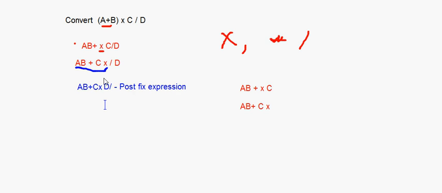right? So first of all, the first step was we evaluated the brackets, and then the multiplication sign and then the division in this case, right?